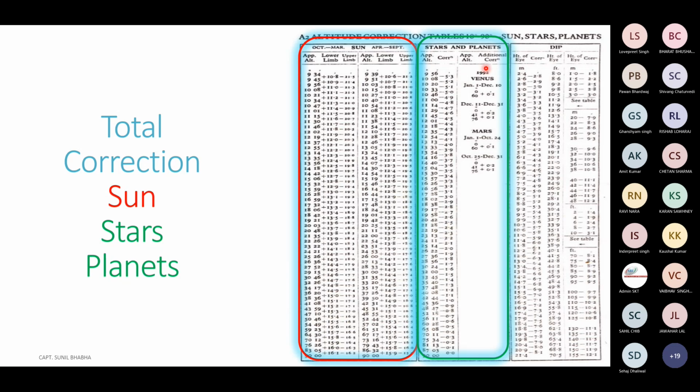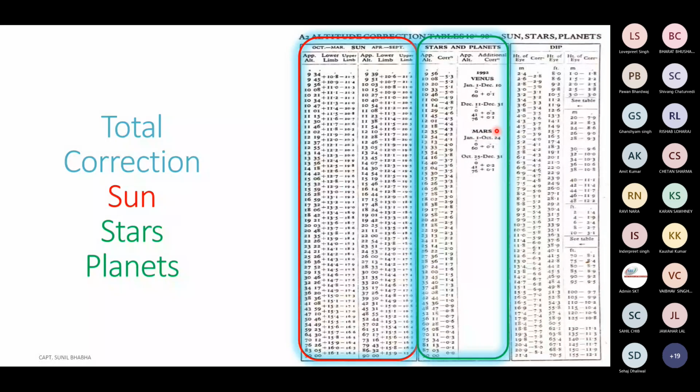You see the additional correction value is mentioned here in the second part of the table. This additional correction also has to be applied to these two planets, that is Venus and Mars.